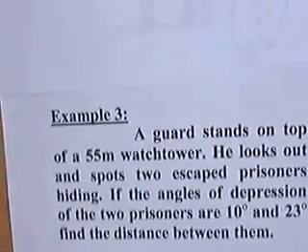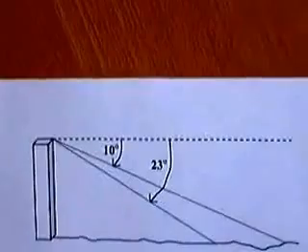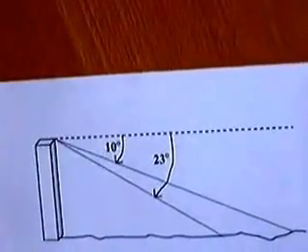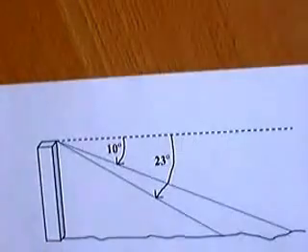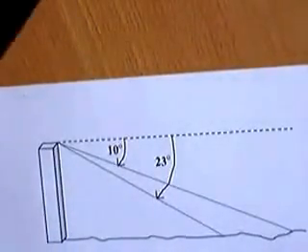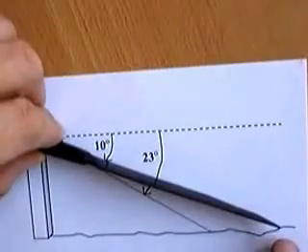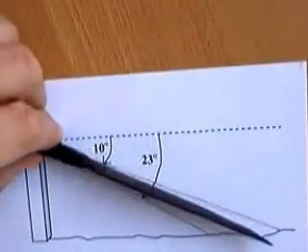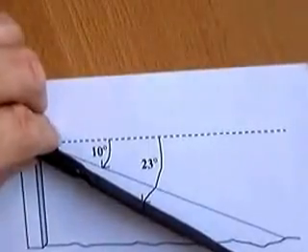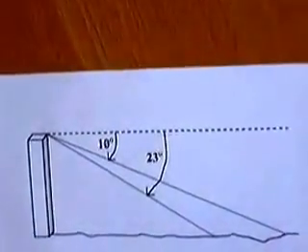Okay, well, what would that look like as a diagram? It's probably pretty easy really. It would look something like this. There's the watchtower, and there's the first angle of depression, 10 degrees, so one prisoner is hiding there, and the other angle of depression is 23 degrees, so the other prisoner is hiding there.